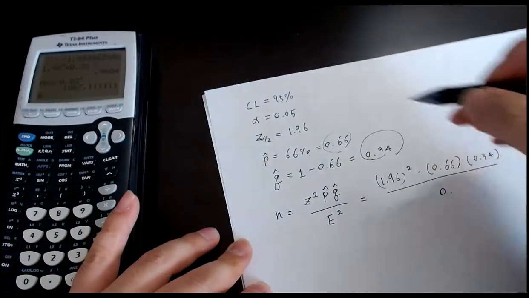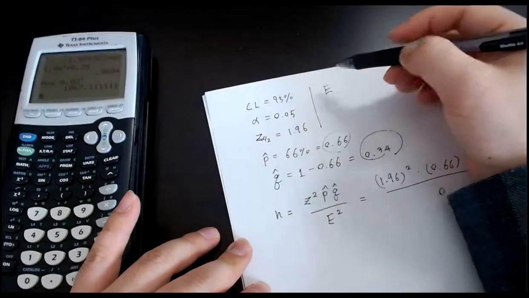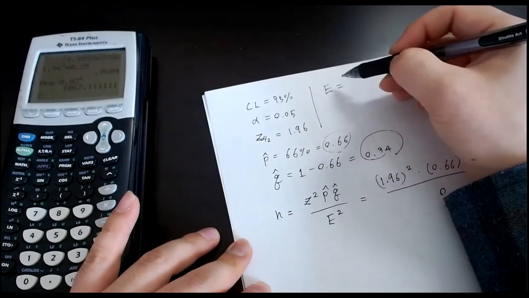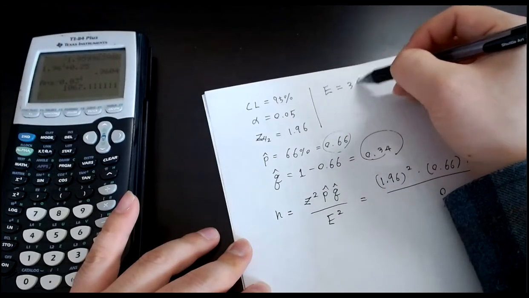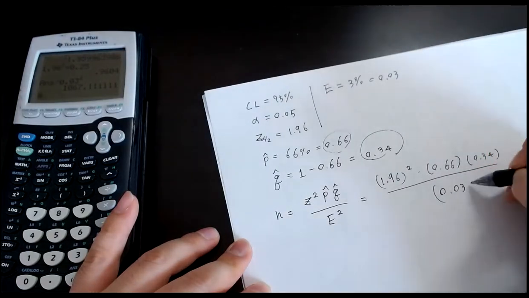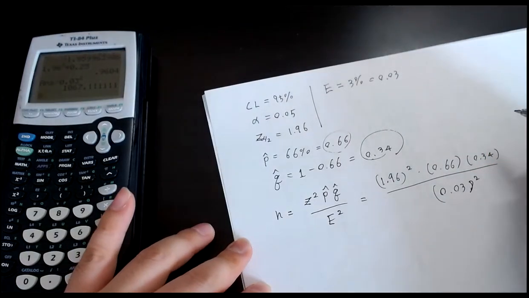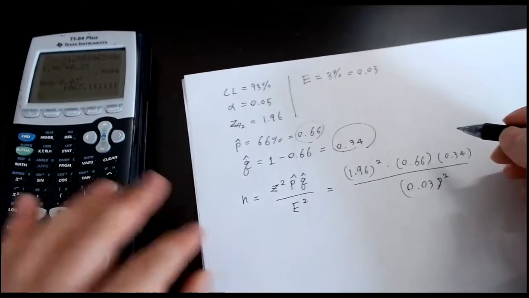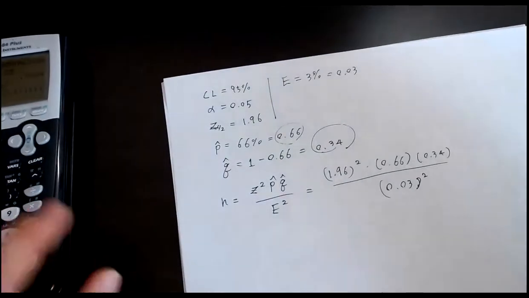The problem says 3%, which is 0.03, so 0.03 squared. Then we're going to calculate this number.